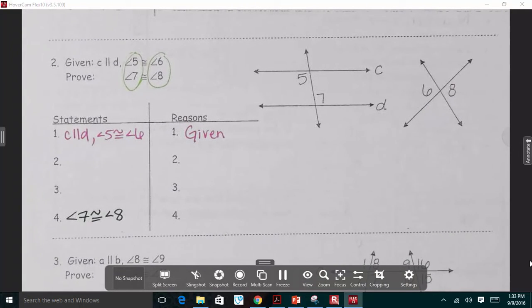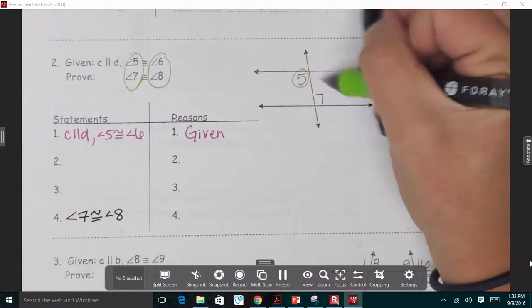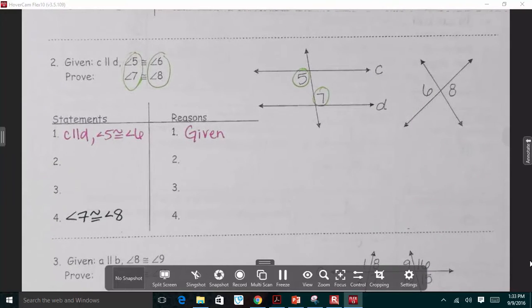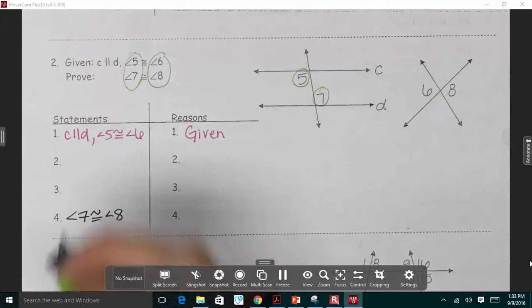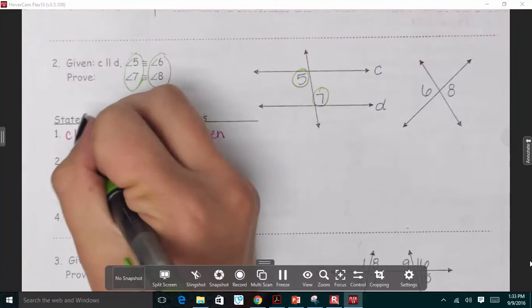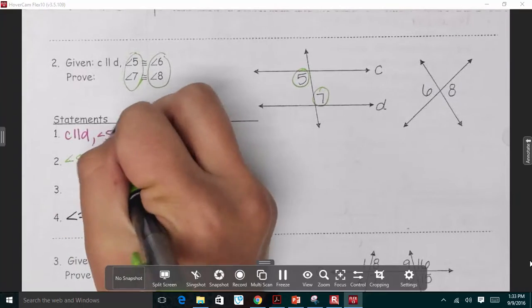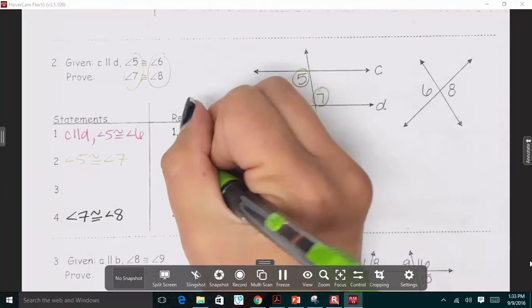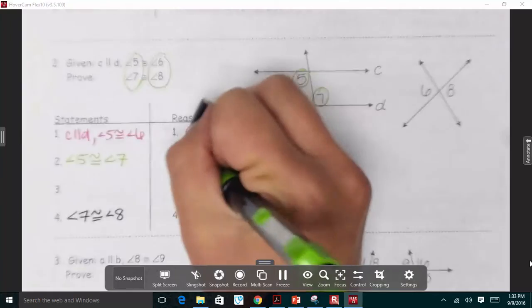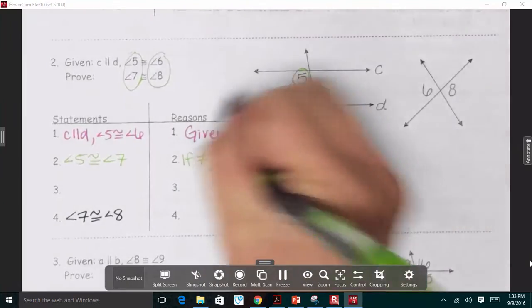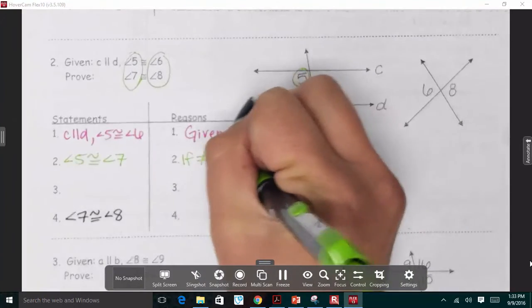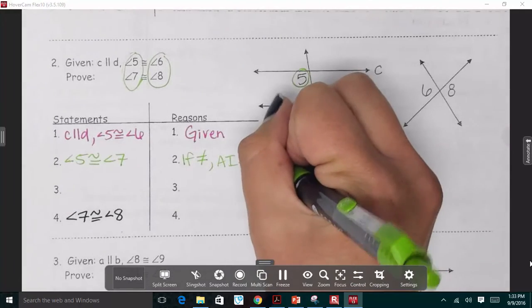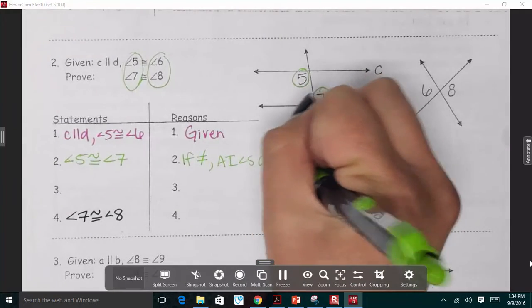So 5 and 7 right here, what type of angles are these? Alternate interiors, so that means that they are what? Equal, or congruent. So I'm going to put angle 5 is congruent to angle 7, and y'all said they're alternate interiors, so we put if 2 parallel lines are cut by a transversal, then alternate interior angles are congruent.